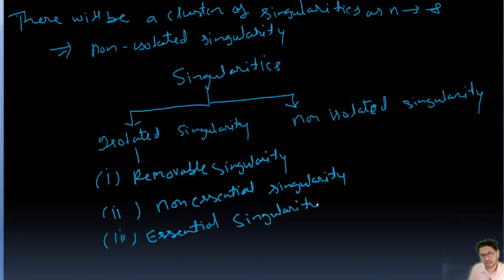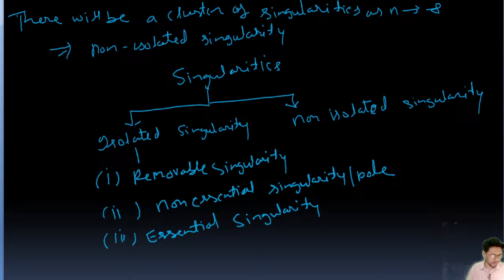So isolated singularities are of three types: removable singularity, non-essential singularity, and essential singularity. Non-essential singularity is also called a pole. This is the classification of singularities.